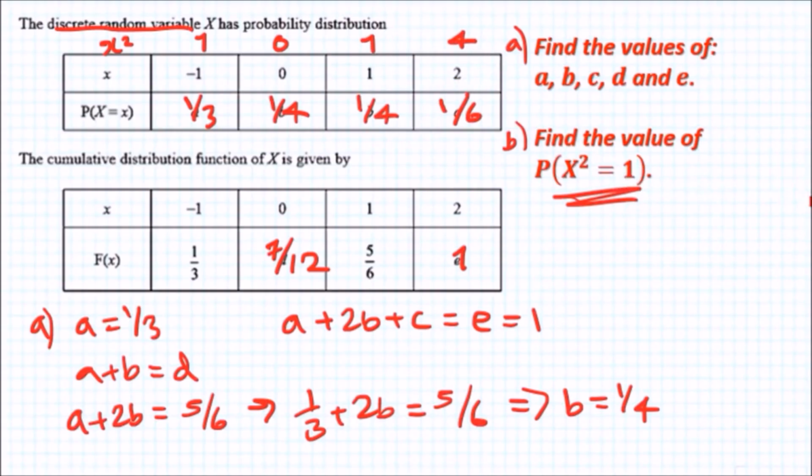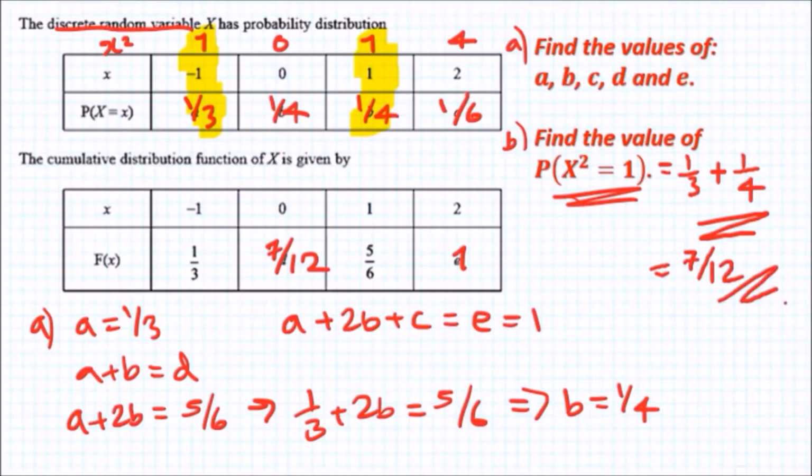Because we want x squared to equal 1, we're concerned about the probability values of these two. So when x squared equals 1, it could be either a third or a quarter. So the solution is a third plus a quarter, since these are the only options, and that totals 7/12.